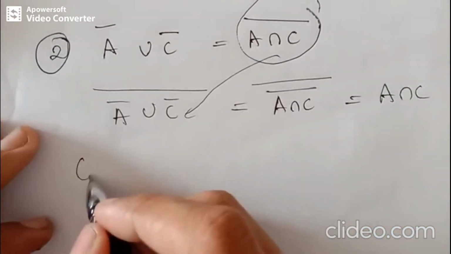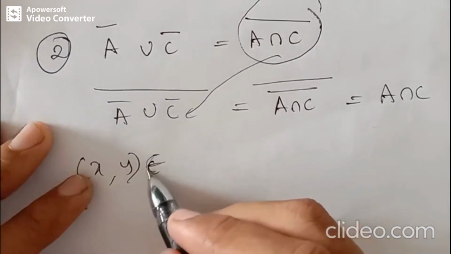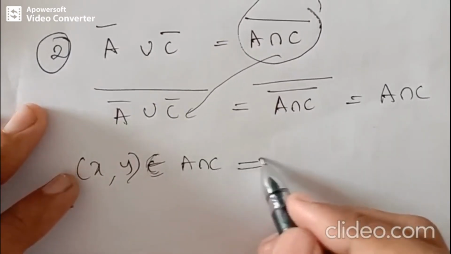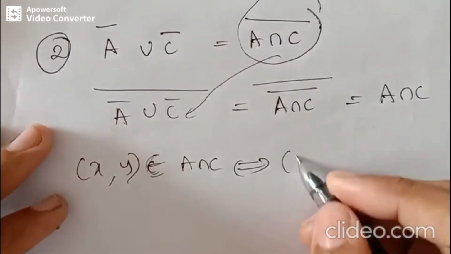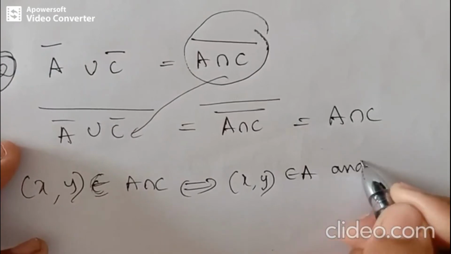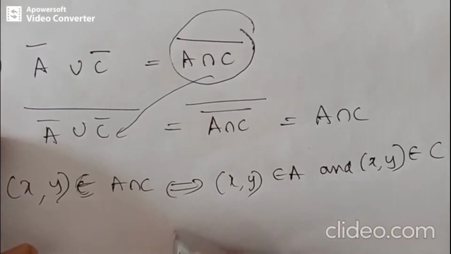Or else we can take the ordered pair, whatever we have got here in the question, x comma y. It belongs to A intersection C. This is logically equivalent to saying that the ordered pair belongs to A as well as the ordered pair belongs to C, right?